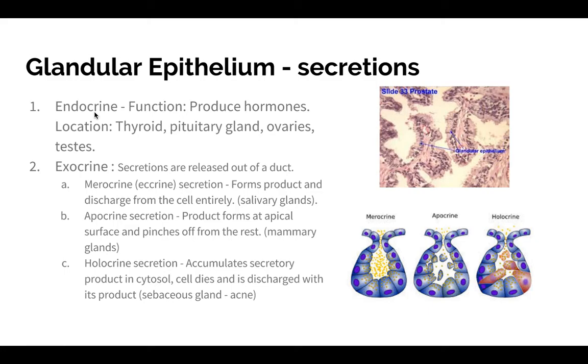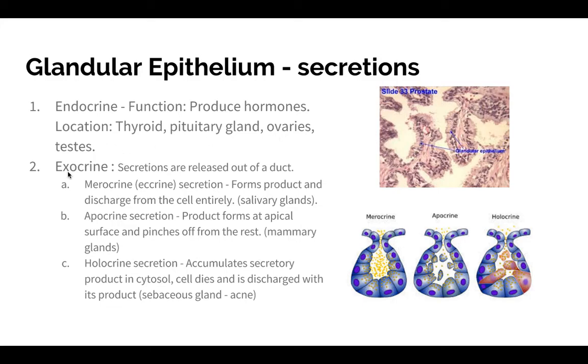What happens here is the hormones and the secretions are produced inside, and then they leave through the walls of the cell, through the membrane of the cell rather, and they are released into the bloodstream. So the function of these cells is to produce hormones, and the location of this tissue would be the thyroid gland, pituitary gland, and in the reproductive glands, the ovaries and the testes.